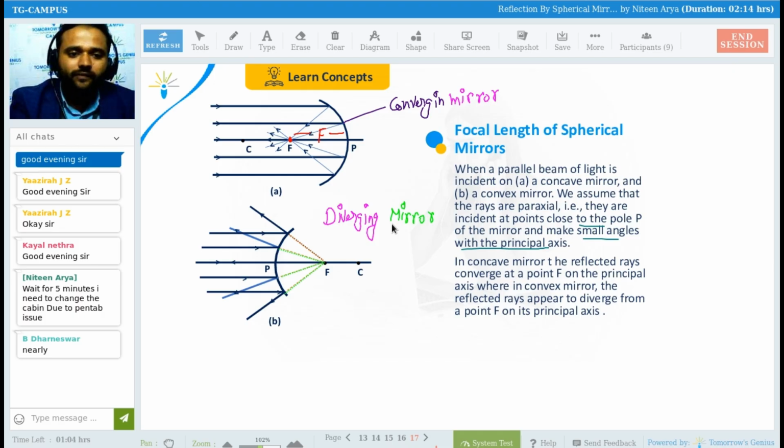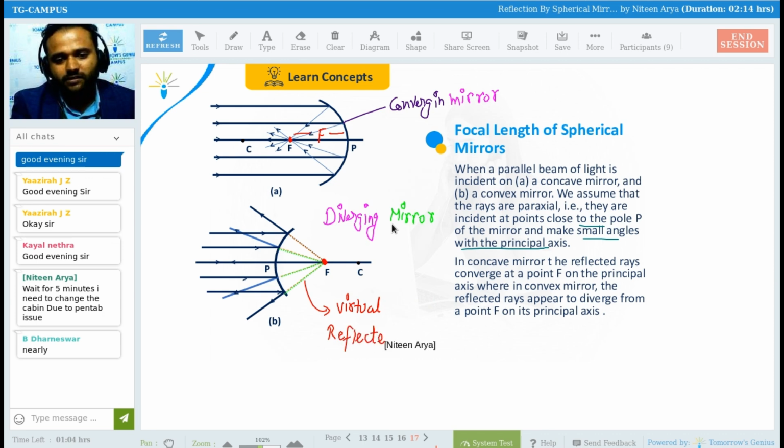There is a point behind the mirror where all the virtual reflected rays are going to meet. Is this clear? And that is why it is also known as virtual. Virtual means not in real.